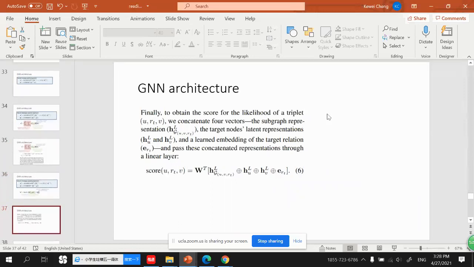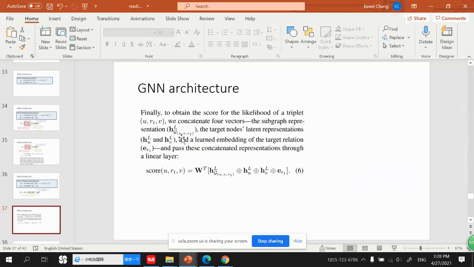And finally, to obtain the score for the likelihood of the triple, we concatenate 4 vectors in order to calculate the final score. The first vector is the representation of the whole subgraph surrounding the target node.